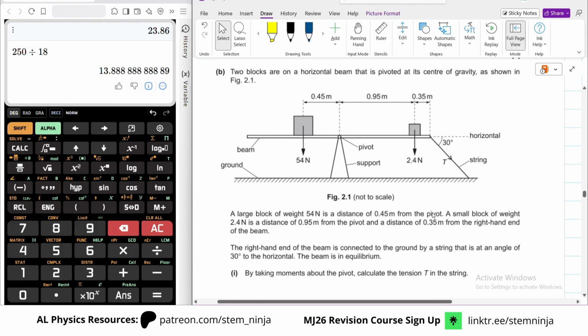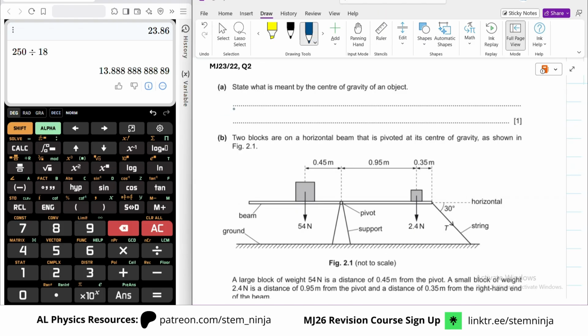Right? Let's see more. State what is meant by center of gravity of an object. A point through which the line of action of weight appears to pass.